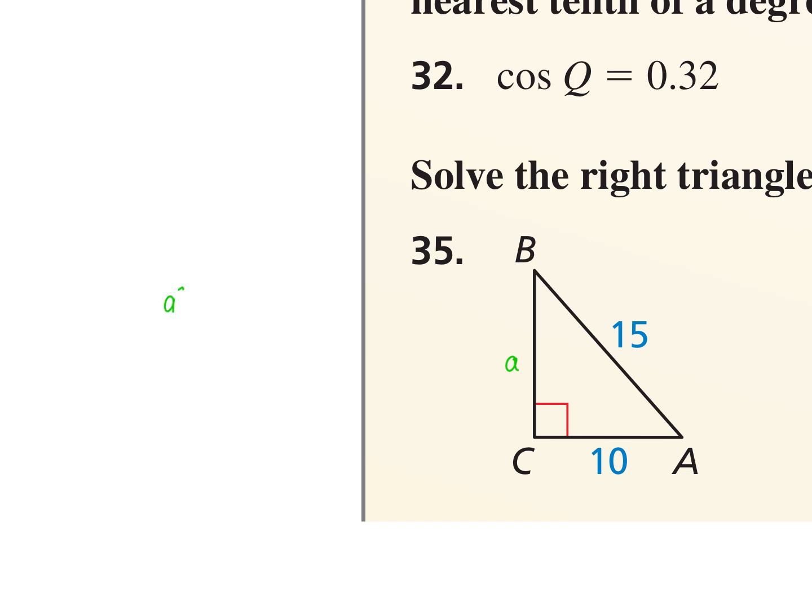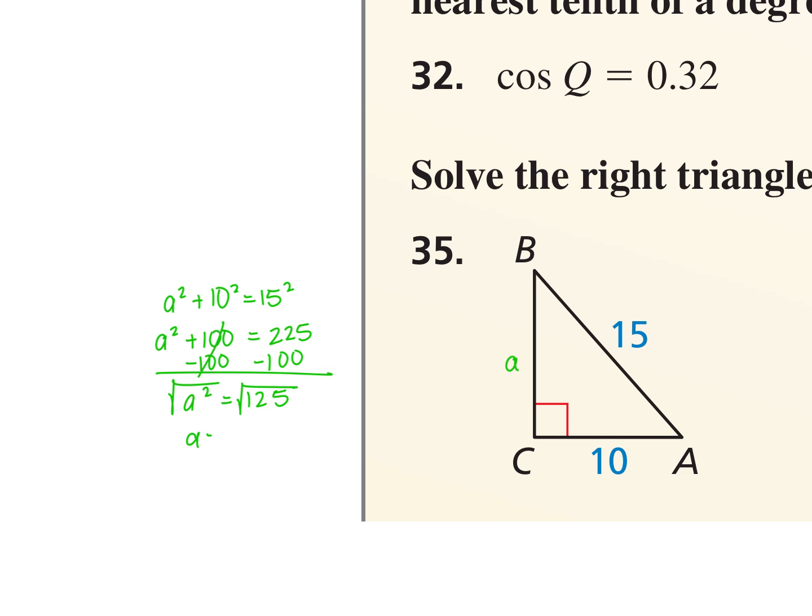So I'm going to have a squared plus 10 squared equals 15 squared. Keep in mind this is not a special right triangle. I'm going to have a squared plus 100 equals 225. Subtract 100 from both sides. a squared equals 125. Keep in mind they said round, so just plug it into your calculator. a equals, rounding to the nearest tenth, 11.2.